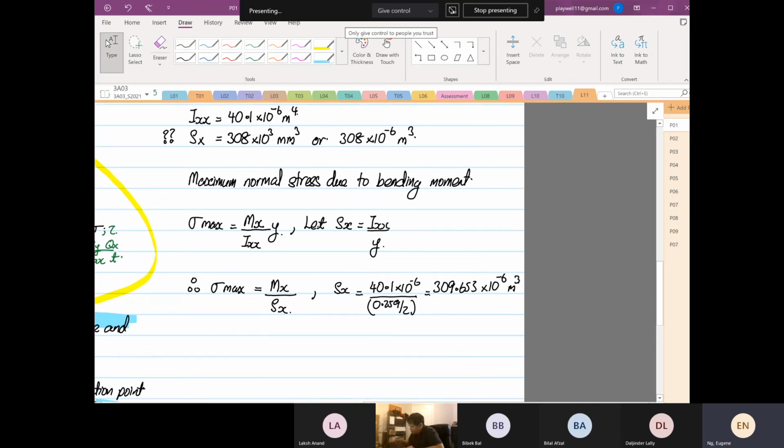In the handbook they did rounding, so this value and that value are very similar.